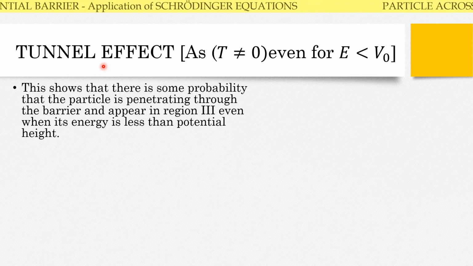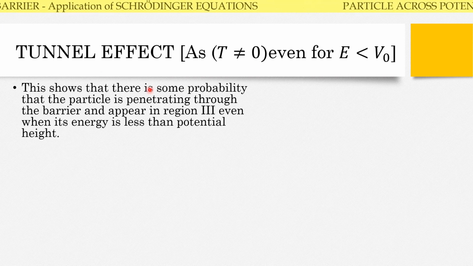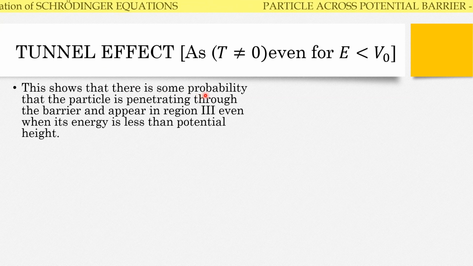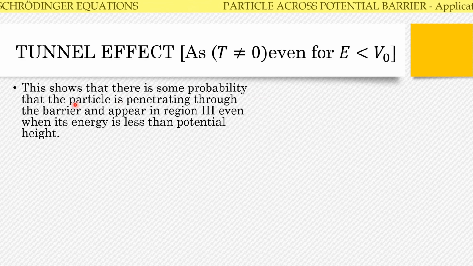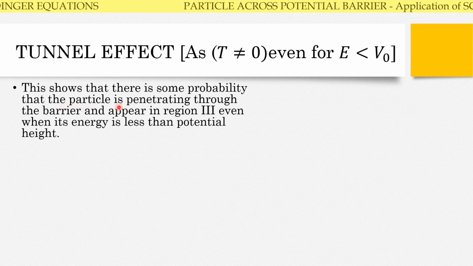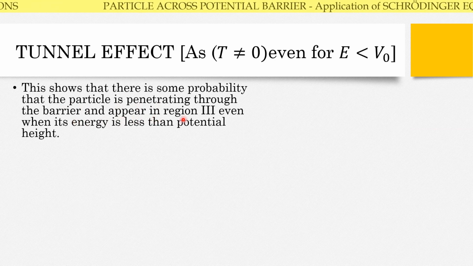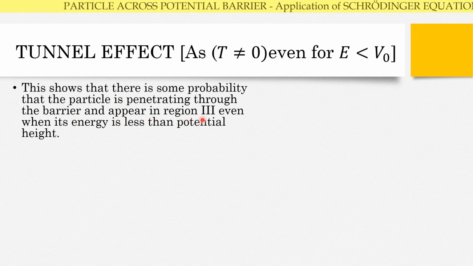This clearly states that there is always some probability that even when the energy of the particle is less than the potential height, it has the capability to penetrate through the barrier and then appear in region 3.